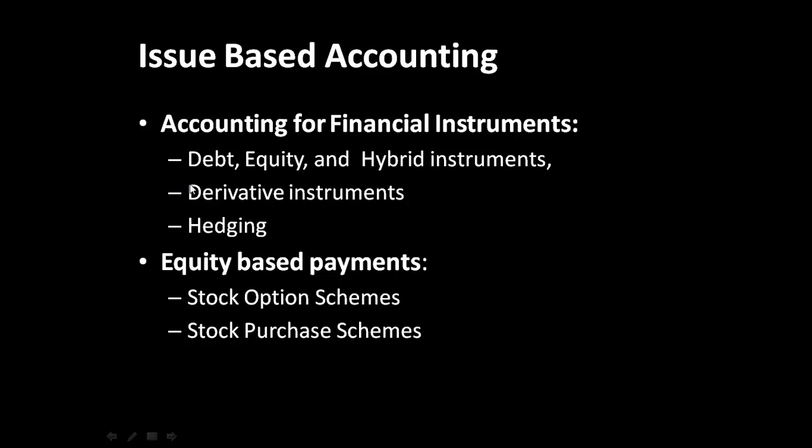In the process, we'll also try to touch and get into the details of the accounting for derivative instruments, and also end this particular aspect by discussing hedge accounting or accounting for hedging.